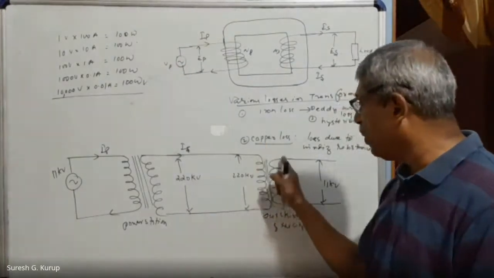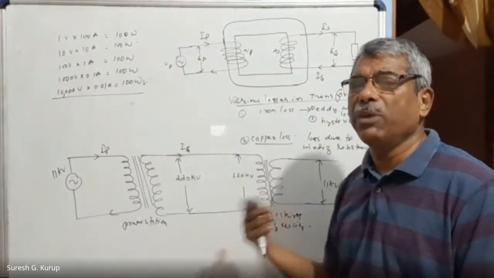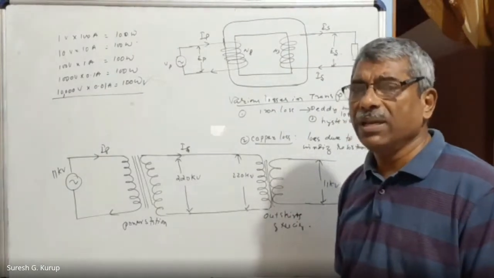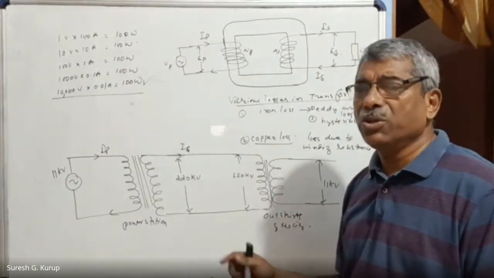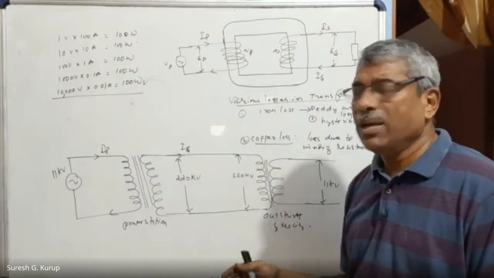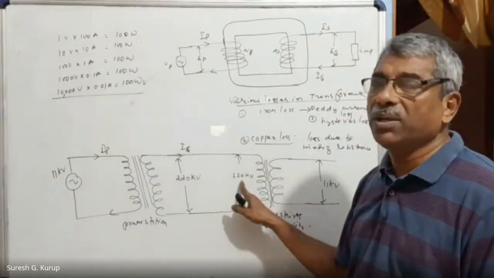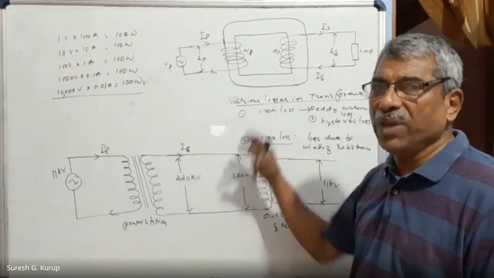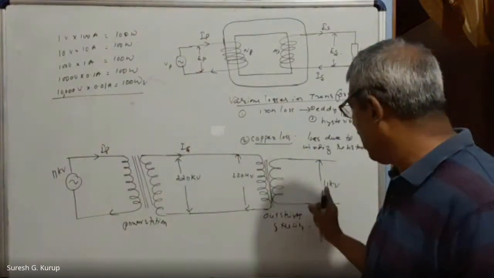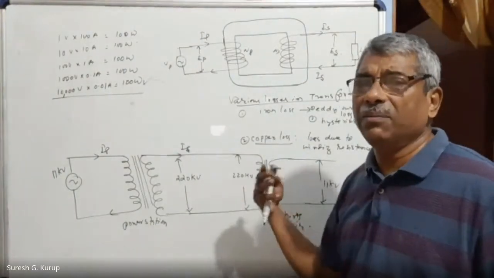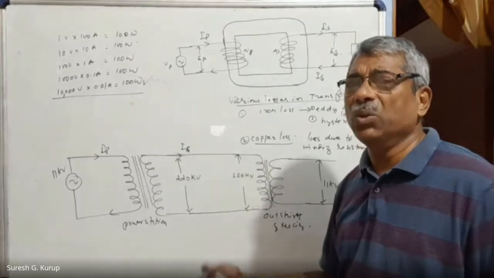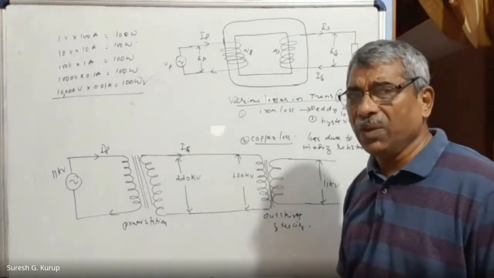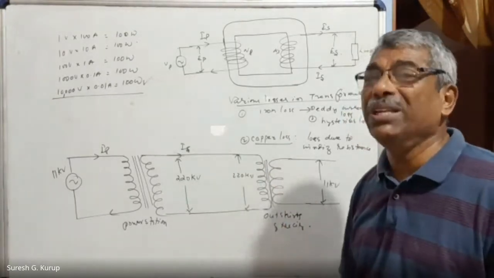And here we have another transformer, that is a step-down transformer, according to the purpose, right? In our households or in small scale industries, they don't need 220 kilovolt, they cannot use it. So we reduce it to a very small value, like 11 kV, or sometimes 220 volt only.